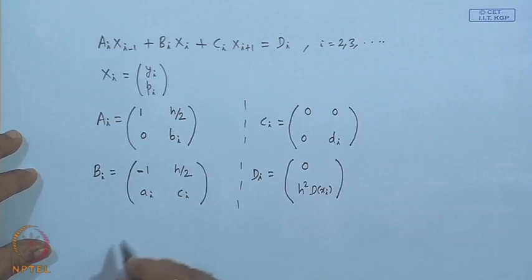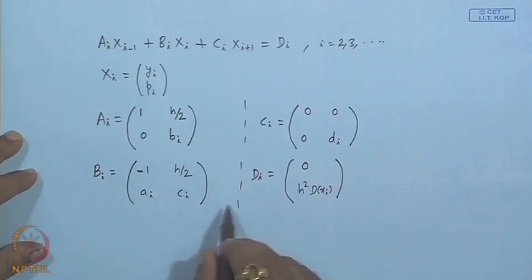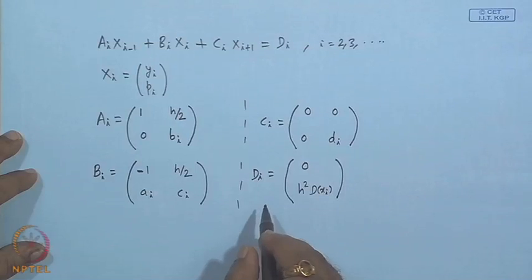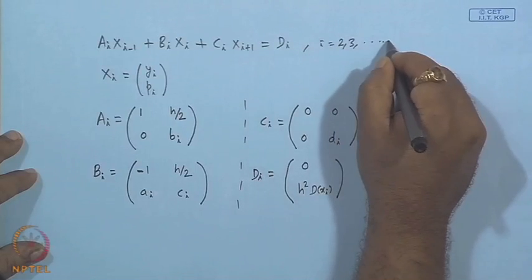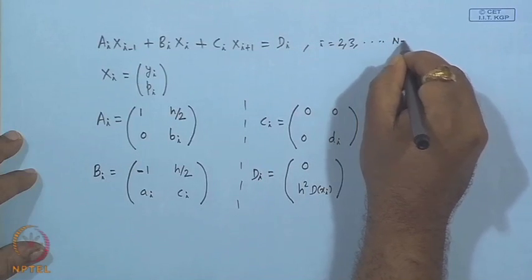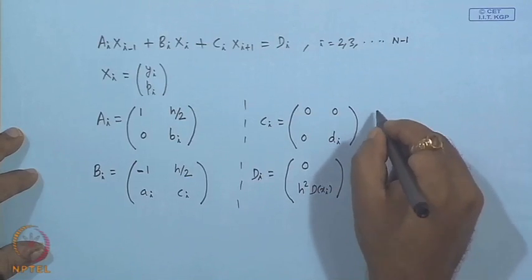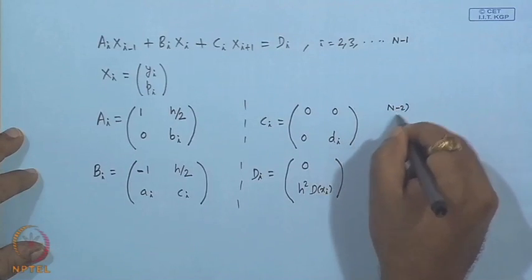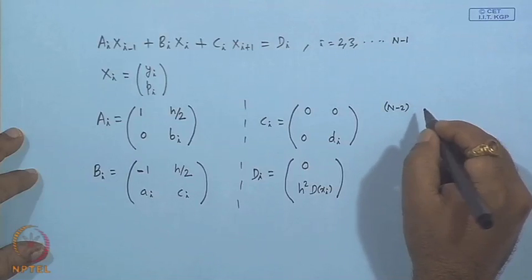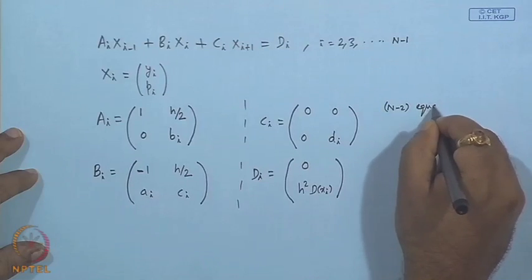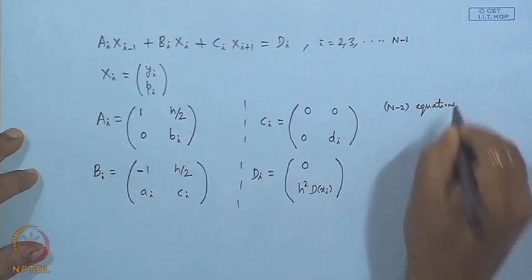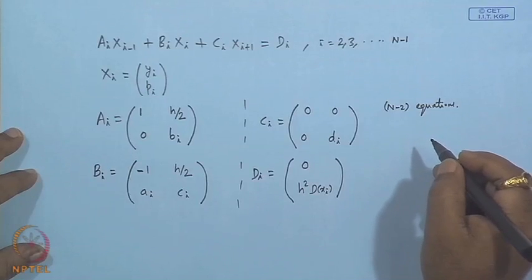Okay. So, these are our equations, and this is for i equal to 2, 3, up to n minus 1, and these are how many? n minus 2 equations. Okay.